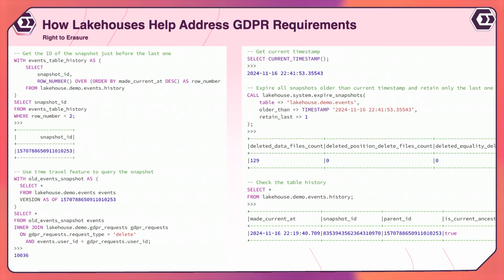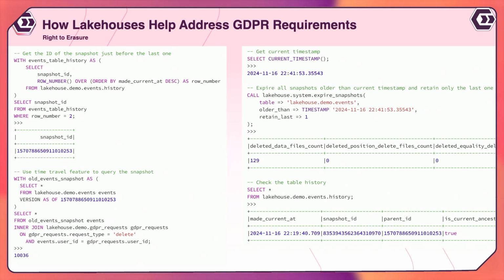Before that, I will demonstrate how we can get the snapshot ID from before the update. We can use one of the metadata tables called history, sort it using made_current_at in descending order, and then take the second row.